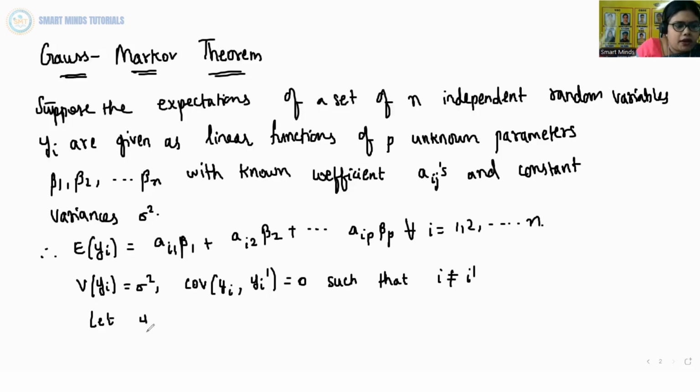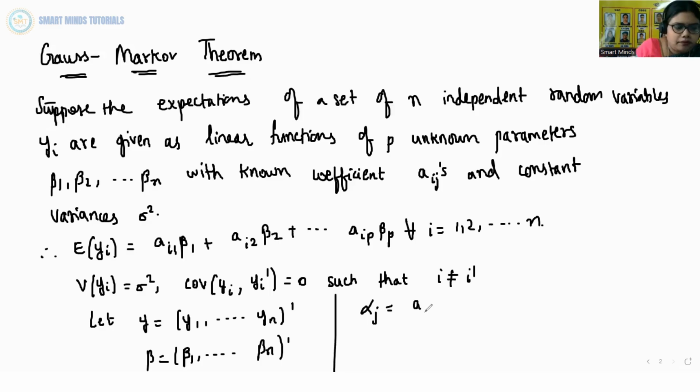Now let us say y is equal to y1 so on up to yn dash. Beta is equal to beta 1 so on up to beta p dash. Alpha j is equal to a1j, a2j so on up to anj dash, where j takes values 1, 2, so on up to p.